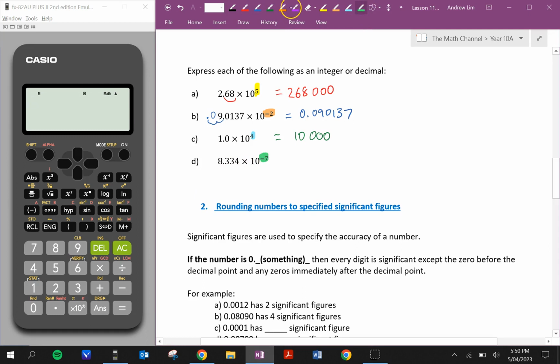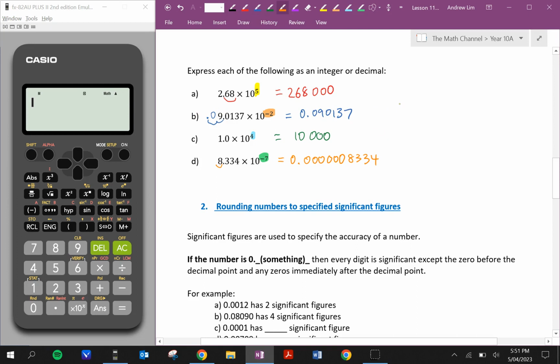If we move it left once, it'll be over here. So we need to move it left 6 more times, so that's 6 zeros. So 0.6 zeros, and then 8337. Just like in question B, if we move it left once, we'll be here, so we need to move it left one more time, so that's 0.090137.